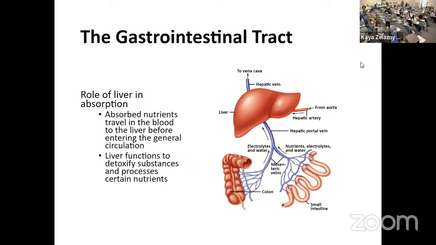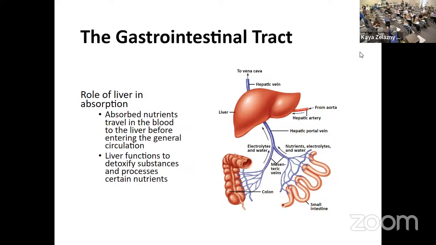So we mentioned your liver once or twice before. One of the things that we said was important about it was that it was creating our clotting factors, helping us create blood clots. But the liver is really important in absorption as well for a lot of reasons, actually.